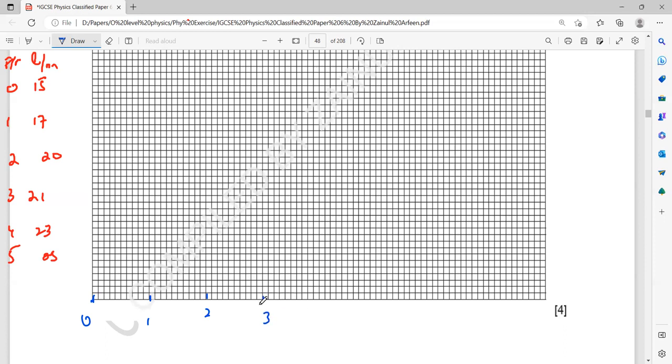But if I draw the scale in this manner, it appears that it will not cover, like we should cover about 70% of the graph paper. So we can even extend it. So this is 4. This one appears to be 5.